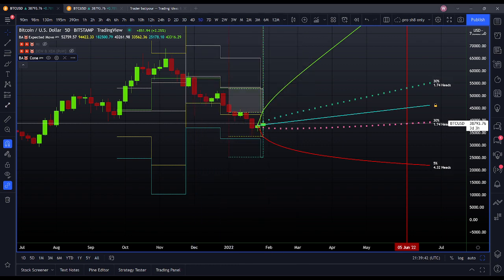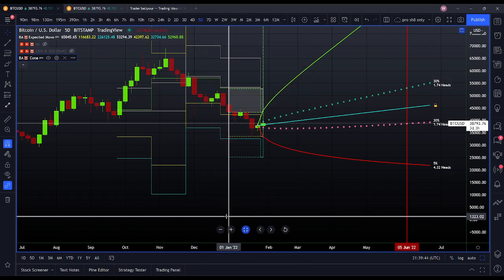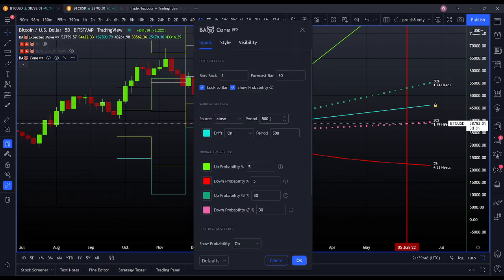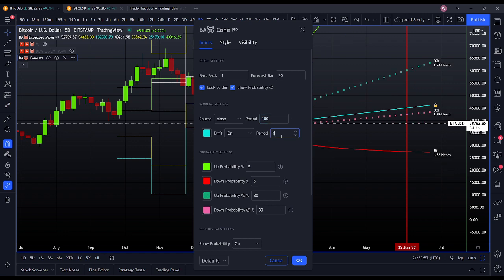I can show the regular probability cone as well, but this just shows me for the past 500 candle closures here. Maybe what we'll do is we'll actually put this on to 100, and we can put the drift on for 100 as well. And bars back is just 1 bar back.